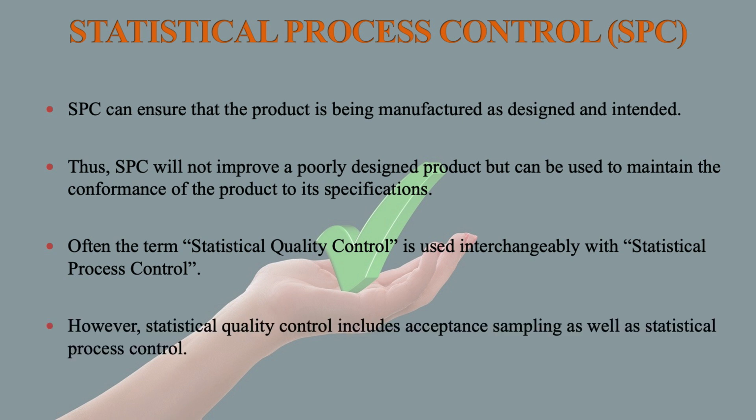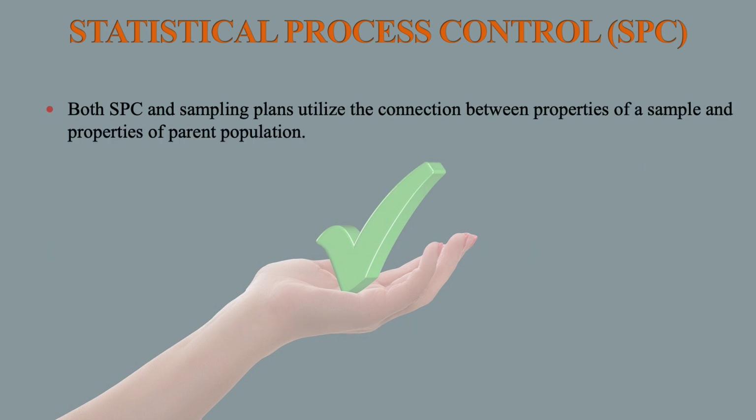However, statistical quality control includes acceptance sampling as well as statistical process control. Both SPC and sampling plans utilize the connection between properties of a sample and properties of the parent population.